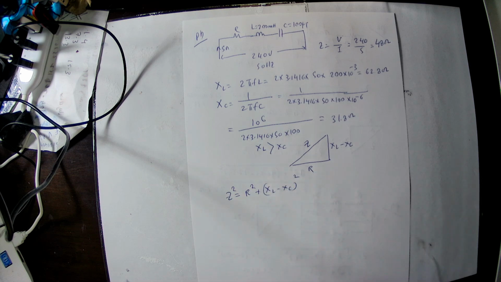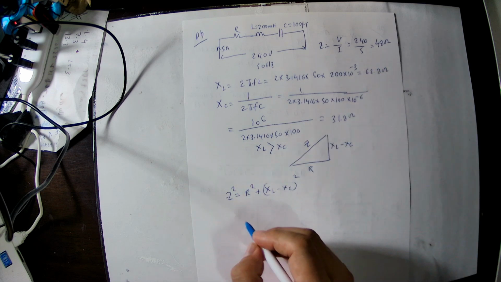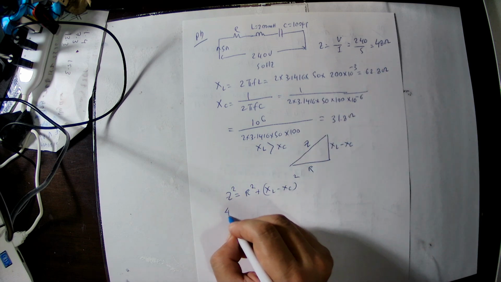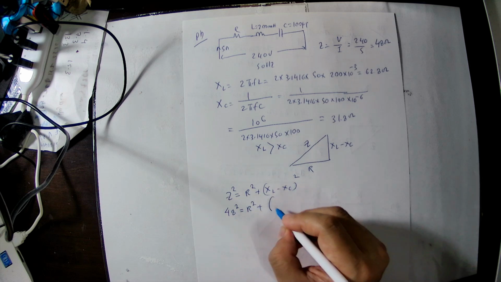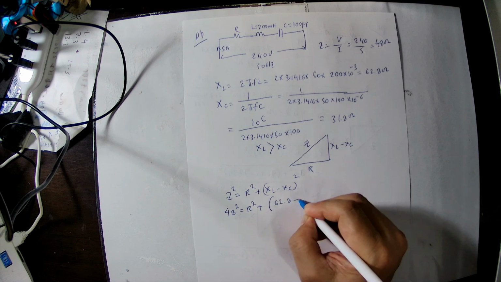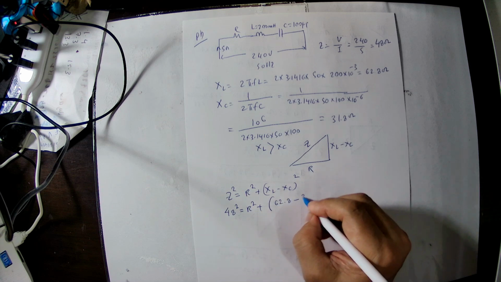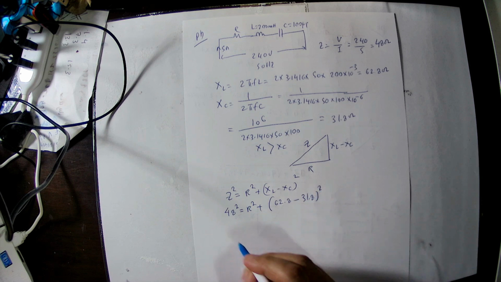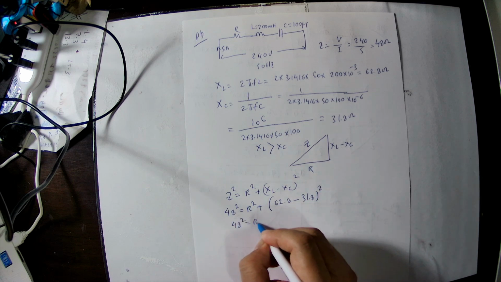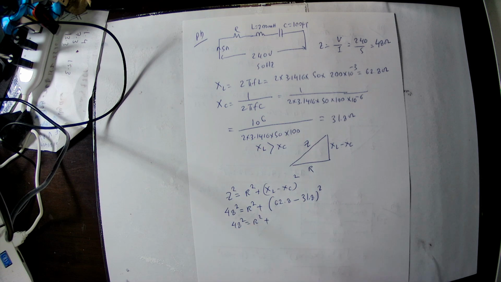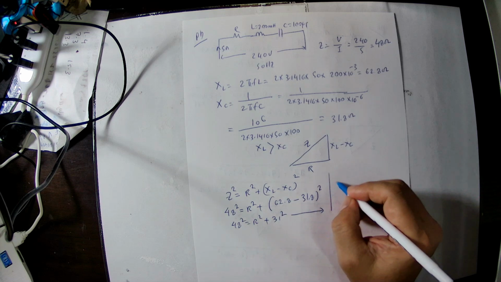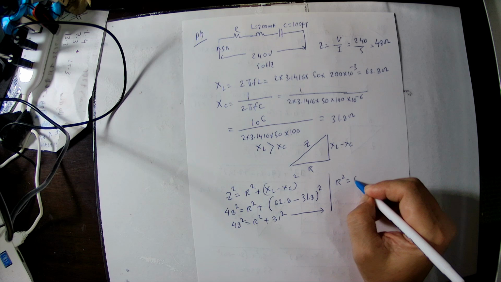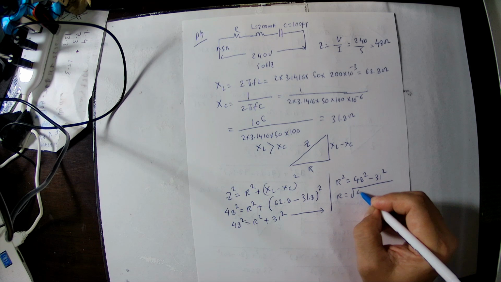We know that Z is 48 ohm. So 48 square equals R square plus (XL minus XC) whole square, where XL value is 62.8 and XC value is 31.8. So from here, R square equals 48 square minus 31 square, and R is the square root of 48 square minus 31 square.